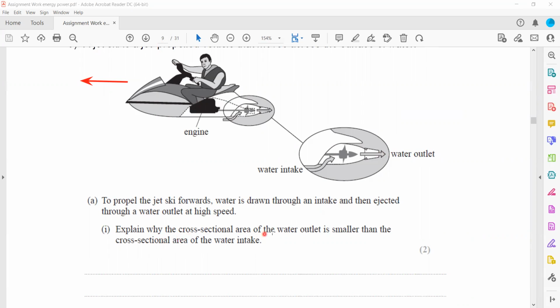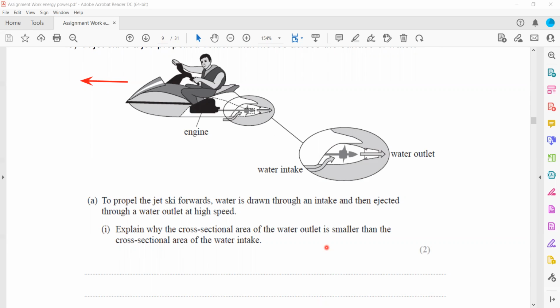Explain why the cross-section area of the water outlet is smaller than the cross-section area of the water intake. So what is the reason why the areas are different? Because the amount of water which enters will be the same as the amount which leaves.